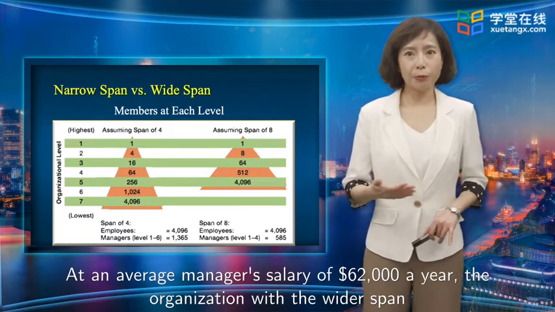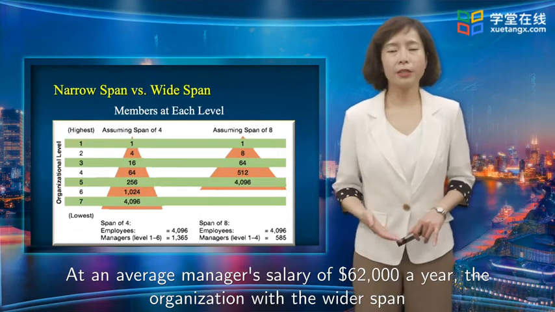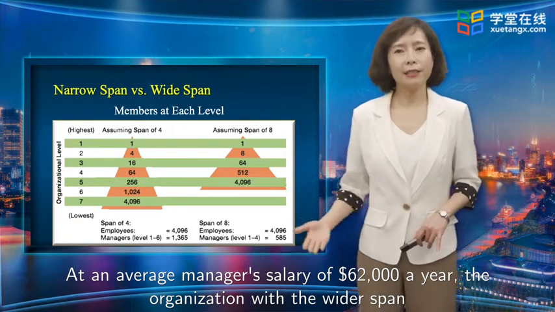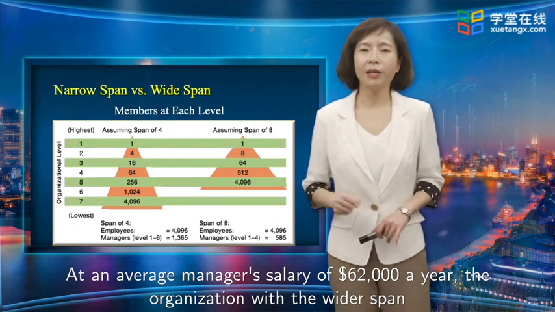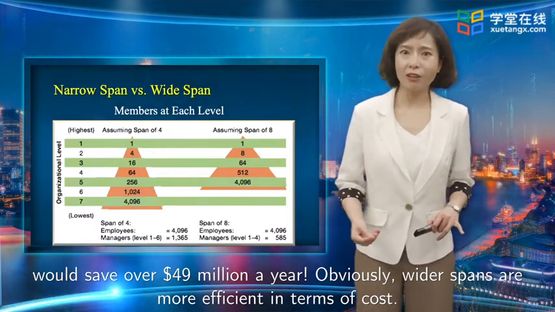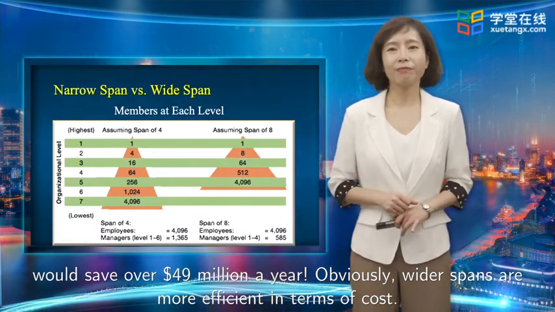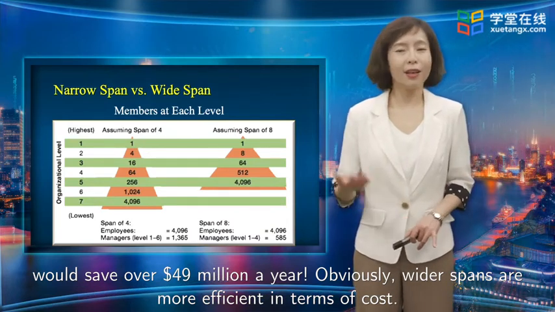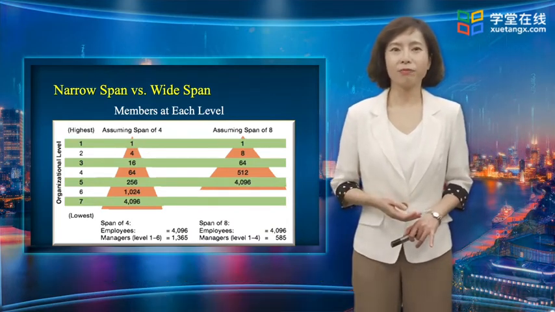At an average manager's salary of $62,000 a year, the organization with the wider span would save over $49 million a year. Obviously, wide spans are more efficient in terms of cost.